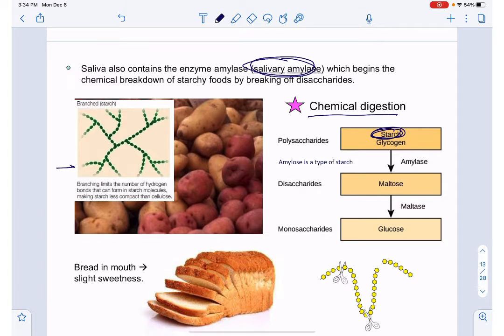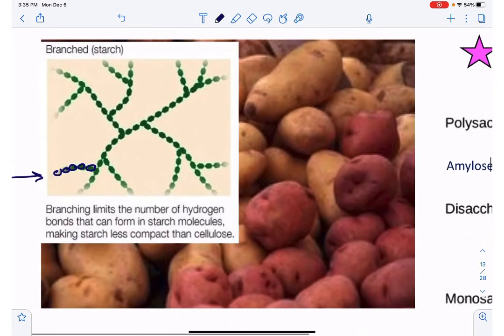Here's a starch molecule, and it's moderately branched, and each one of these individual units are monosaccharides, and specifically they're glucose units. And before these carbohydrates can be absorbed, move into the blood, they have to be broken down into individual monosaccharides. And salivary amylase is going to start that process.